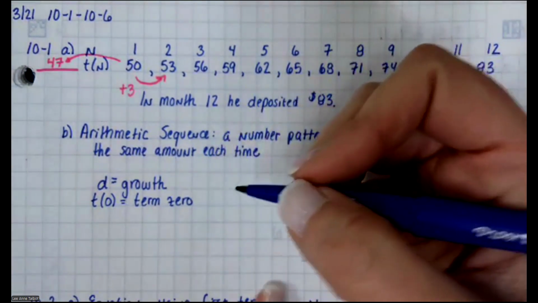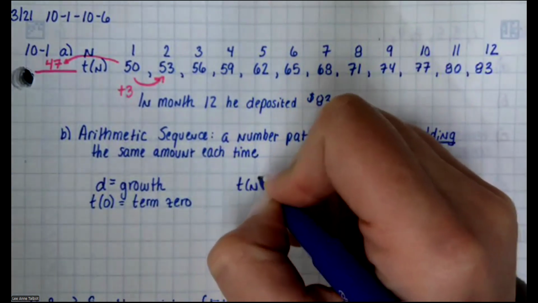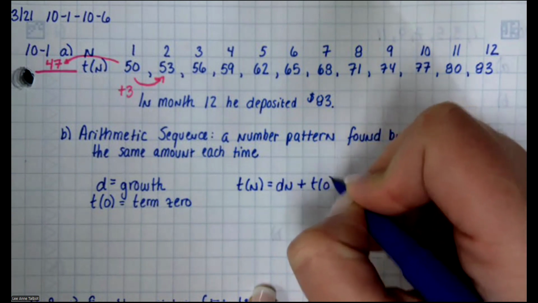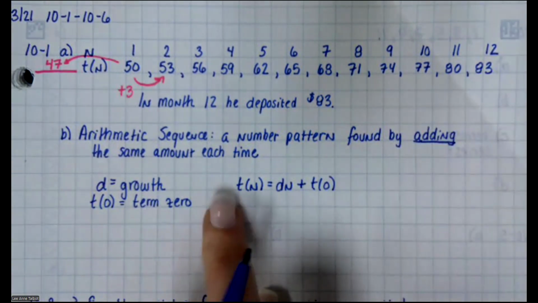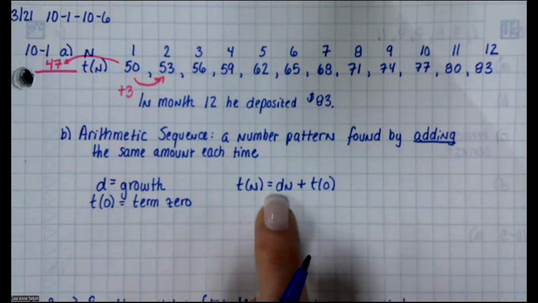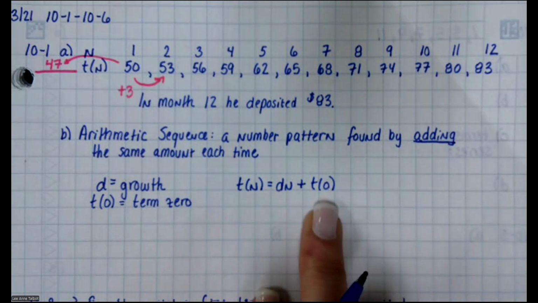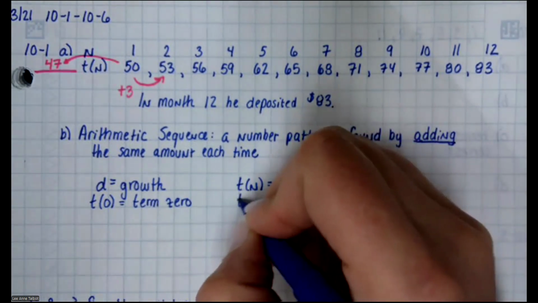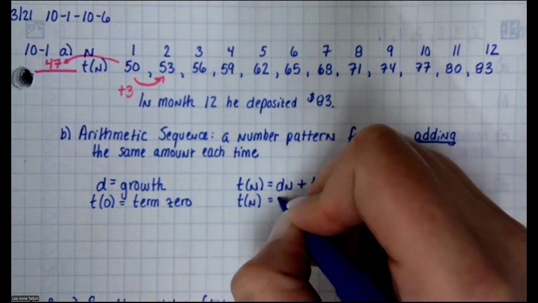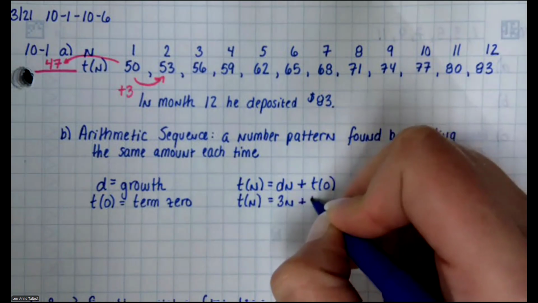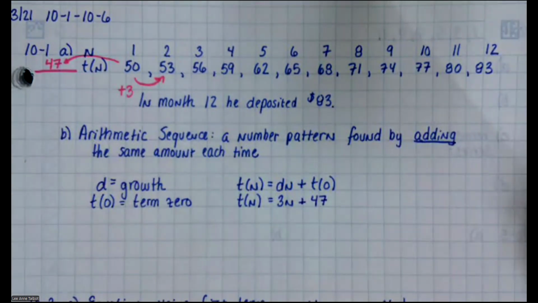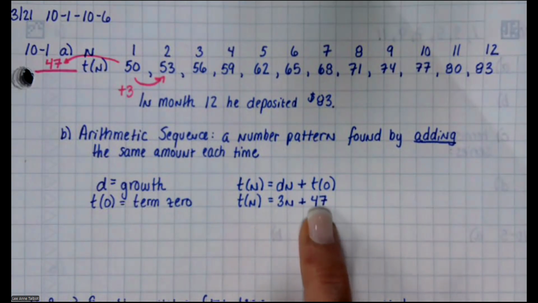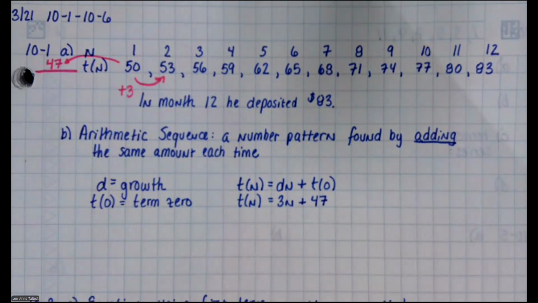Okay, the explicit equation is T of n equals D n plus T0. But I like to think of it as y equals mx plus b, just written in sequence notation. For this one, it's T of n equals 3n plus 47, going up by 3 each time, and term 0 is 47.